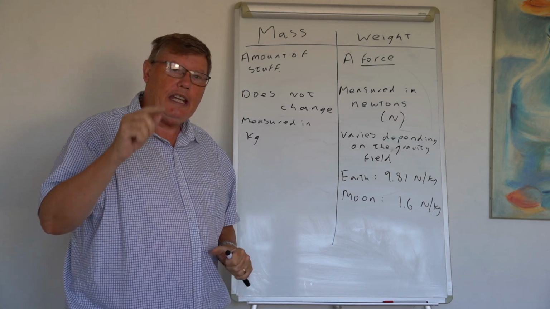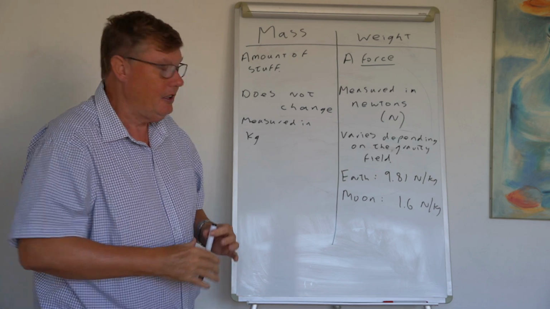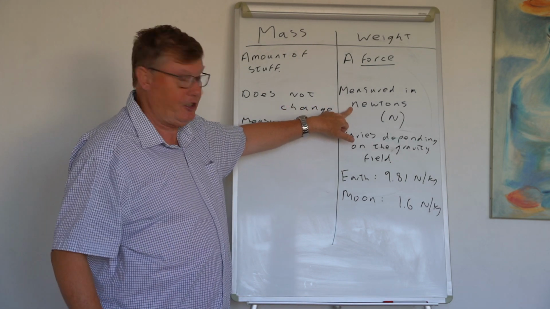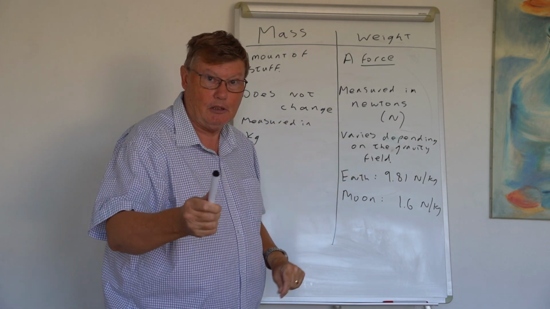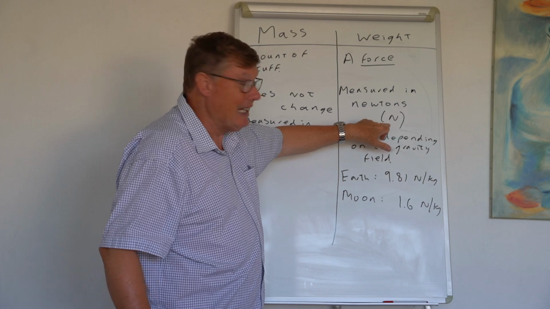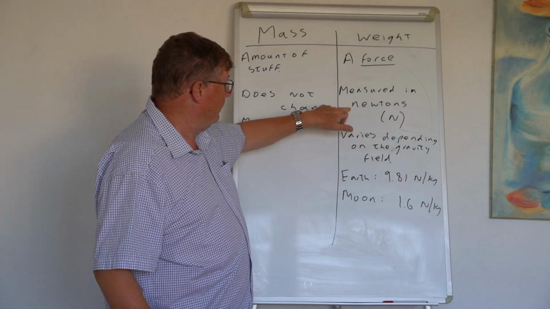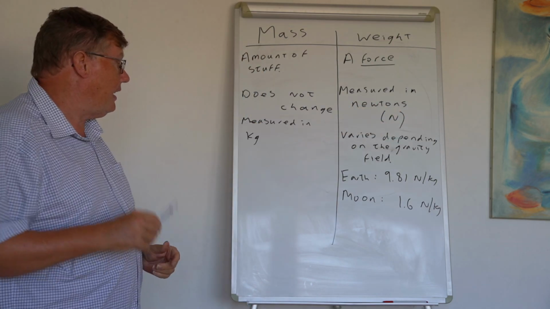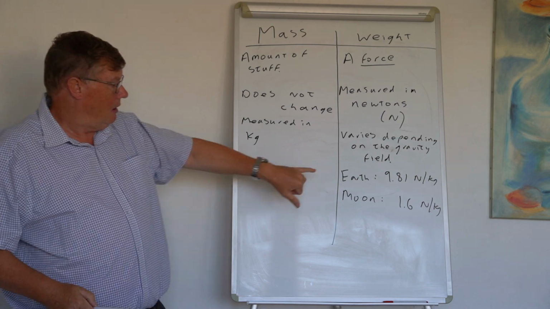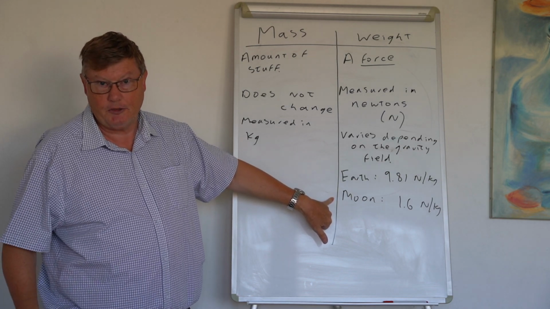However, when his name is used as the name of a unit, the unit is spelt with a lowercase. But just to confuse you, the symbol for the unit is usually a capital letter. So in this case, capital N means newtons, but it's always spelt lowercase. And it varies depending on the gravity field. So, for example, Earth, 9.81 newtons per kilogram, Moon, 1.6 newtons per kilogram.